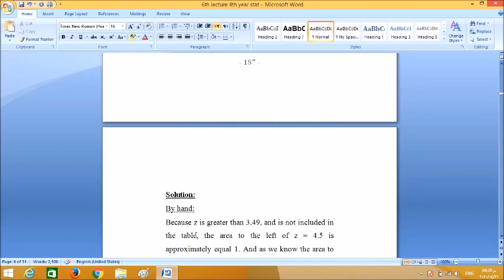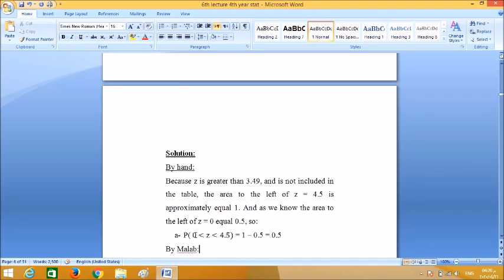Solution by hand. The probability that z is larger than 0 and less than 4.5 equals 1 minus 0.5 equals 0.5. Okay, half of the area under the curve.